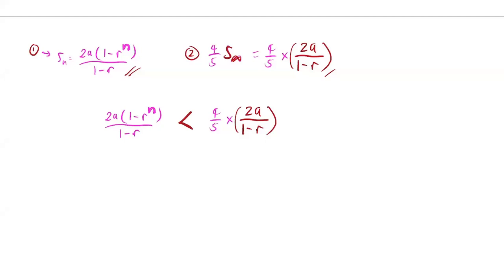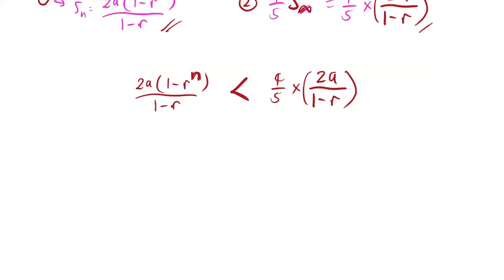Is it clear? Very good. Now we can move on and try to solve this expression. What did they actually ask for? They asked for the largest value of n for which this is less than. So find the largest n.